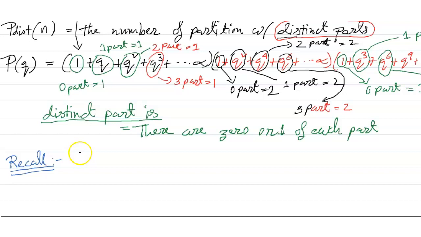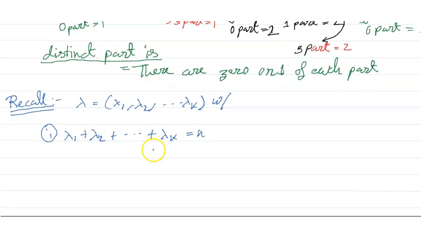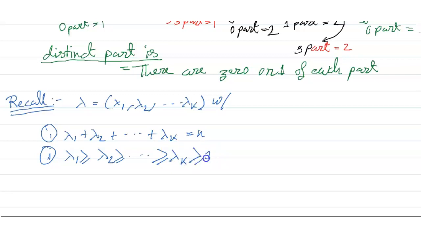Lambda equals lambda 1, lambda 2 up to lambda k, with respect to number 1 condition: lambda 1 plus lambda 2 plus up to lambda k equals n, and number 2 is lambda 1 greater than or equal to lambda 2 greater than or equal to up to lambda k, means this is a decreasing function. So this is the decreasing way.